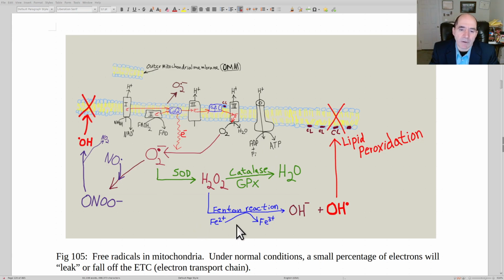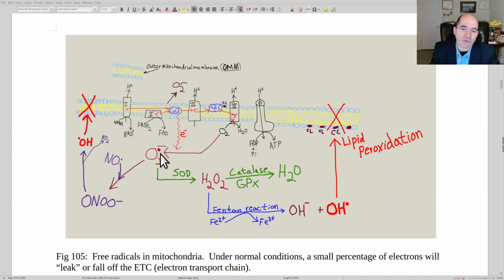Free radicals in mitochondria. Now, what's happening is you need to give 4 electrons to this oxygen in order to convert it into water. Sometimes an electron will leak off of the electron transport chain, and it'll drop down and attach itself to an oxygen, and then this becomes what's called a superoxide. A superoxide is a free radical, meaning that it has an unpaired electron in an outer orbital, and that makes it hyperreactive.